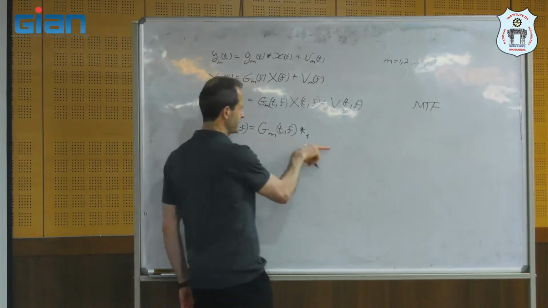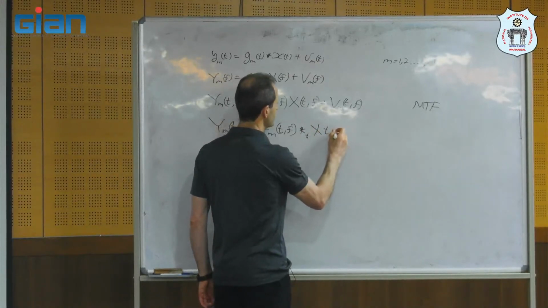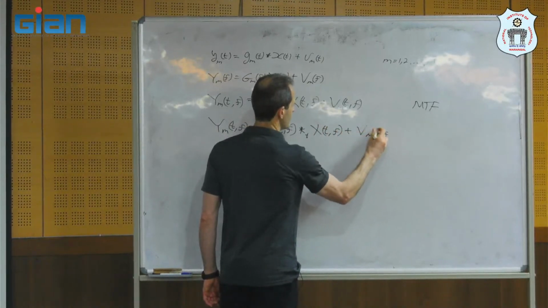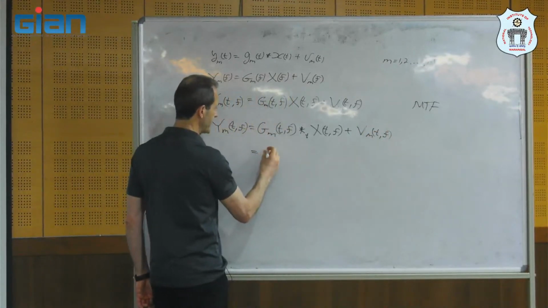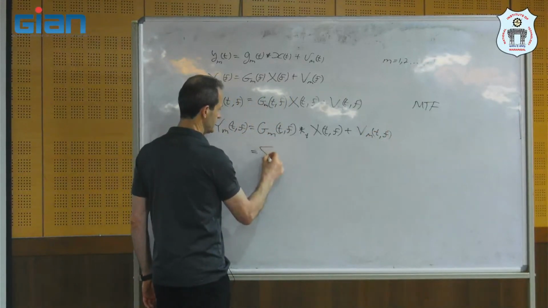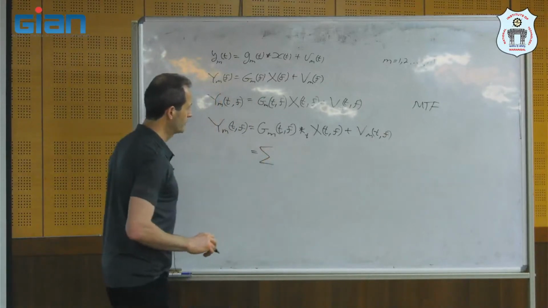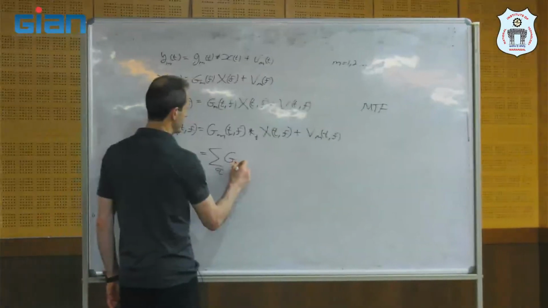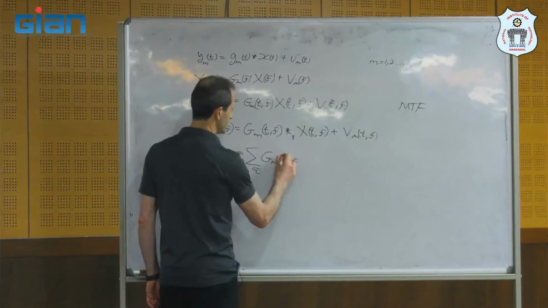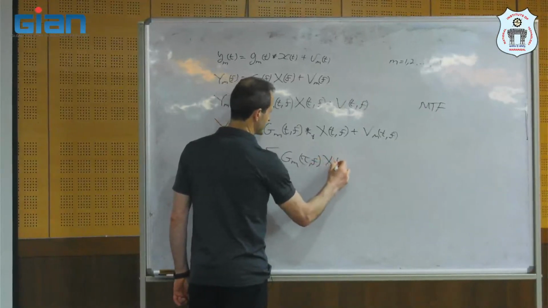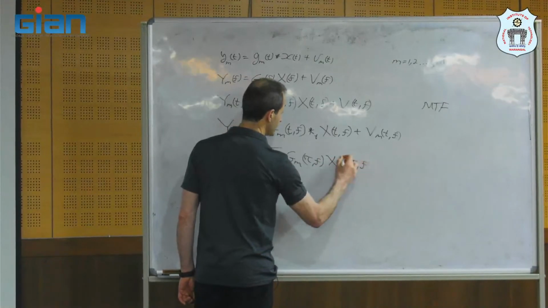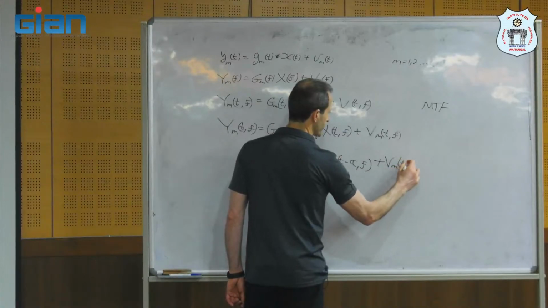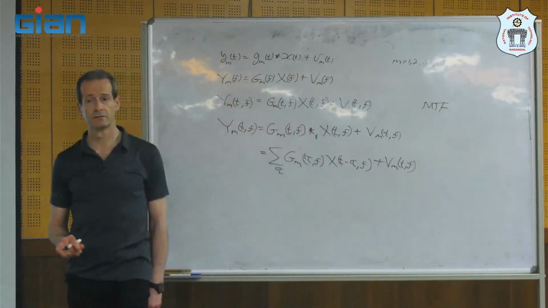So it's convolution in time, which means that we can write it as the sum over tau of G_m(tau,f) X(t minus tau,f) plus V_m(t,f). So this will be the model, which is very important.